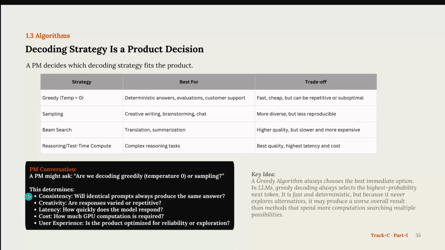If it is being used for marketing or sales purposes, we need to be a little creative there. Is it being used for delivering faster responses? Then latency is critical. For cost, how much computation is required here? For user experience, does the system deliver reliably or offer more exploration? So that's where the trade-off is always going to be.